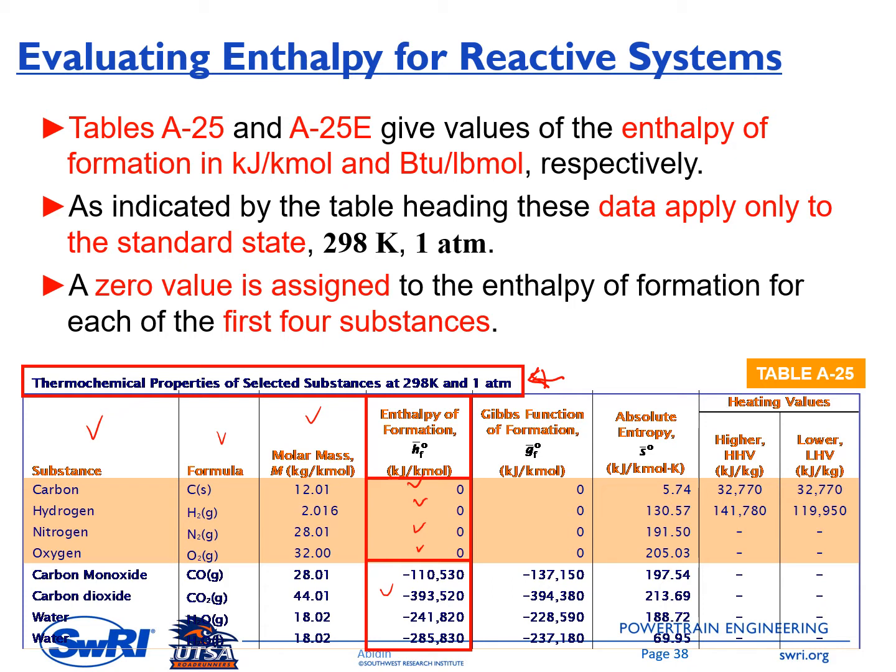Once again, a stable element is assigned 0 enthalpy. Okay, and then carbon monoxide, carbon dioxide, and so on have a non-zero enthalpy of formation. So look at table A-25. You can also find out the enthalpy of formation of single O, just O, not O2. So they have a non-zero enthalpy of formation.